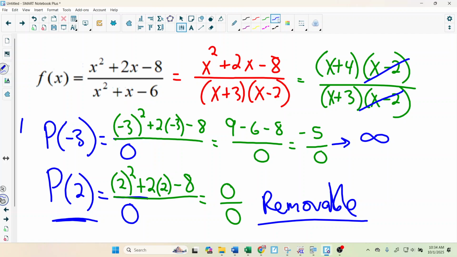So where is our vertical asymptote? It's at negative 3. The other one, you just don't do anything? Yeah, because it's removable, it's not a vertical asymptote. It's discontinuous, but it's not a vertical asymptote. Okay.